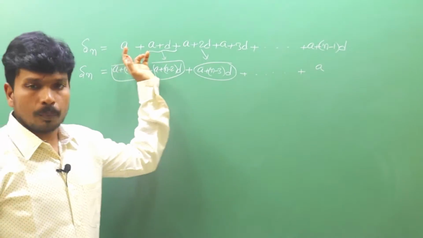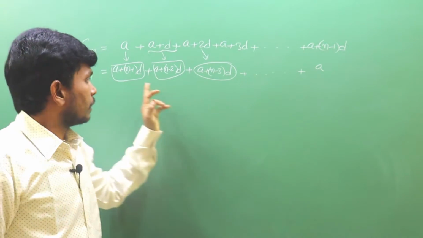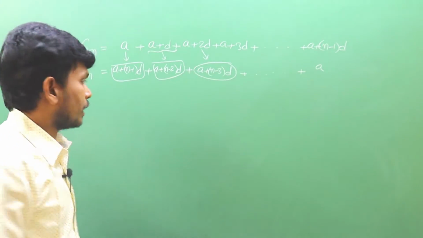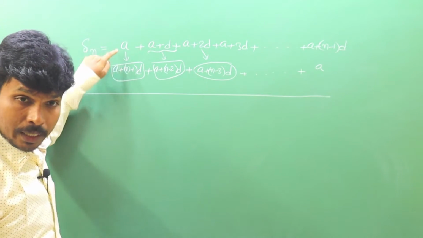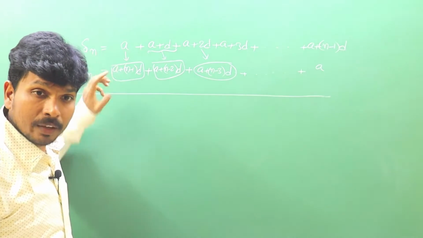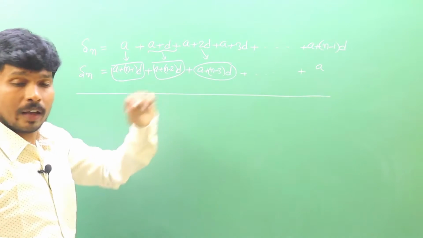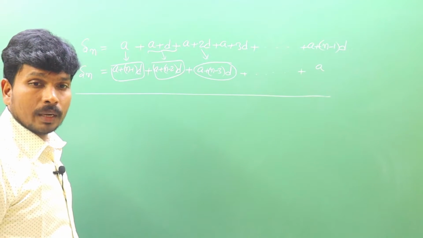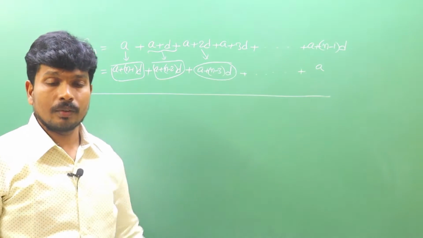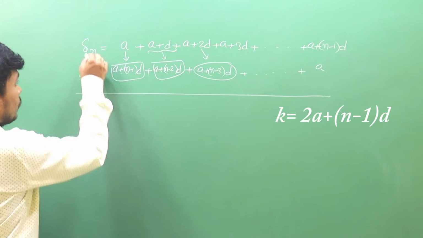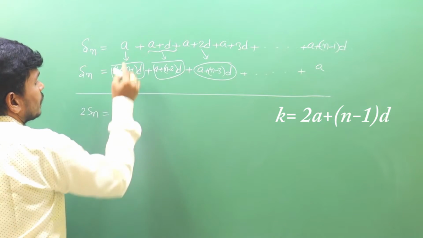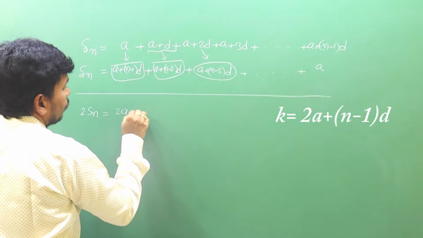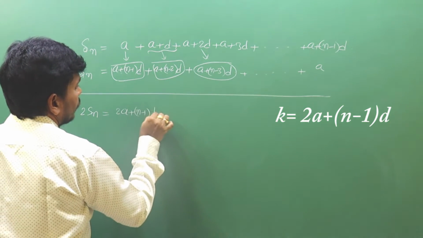So if this is ascending order, then definitely this is descending order. Now add both. It is the first term, it is the last term. Its sum definitely will be a constant. That constant k value is 2a plus n minus 1 into d. So Sn plus Sn is 2Sn, and a plus a is 2a. Here you will get 2a plus n minus 1 into d.